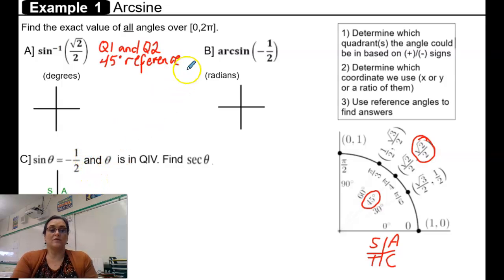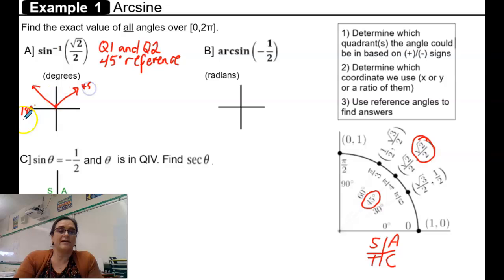Okay, then we use that reference angle to find where the second quadrant answer is. So if half the circle is 180 degrees and we need to get into quadrant 2, then we're going to subtract 45 degrees, that's our reference angle, from 180 so that we're going the same distance back into quadrant 2.